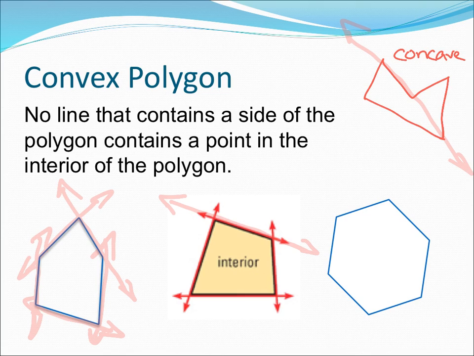So if you notice, it looks like the side's caving in. So on all of the ones that are here at the bottom, these three figures, these are all convex polygons. Because if you were to extend the sides, none of the sides go into the interior of the polygon.